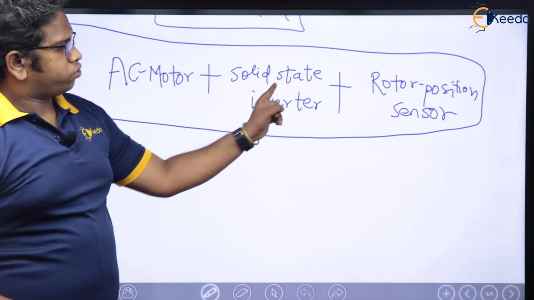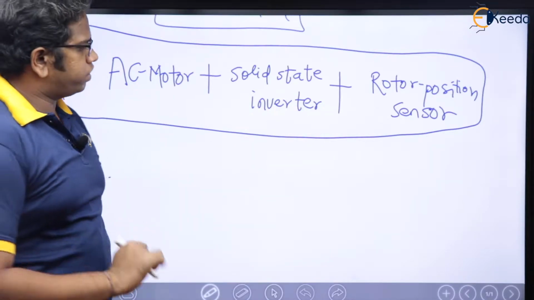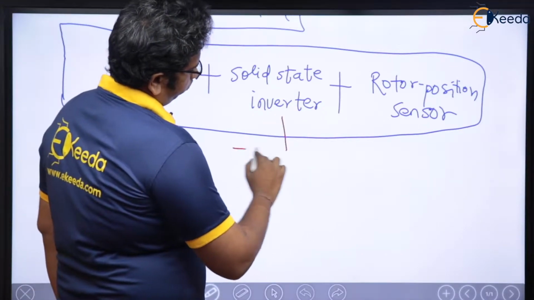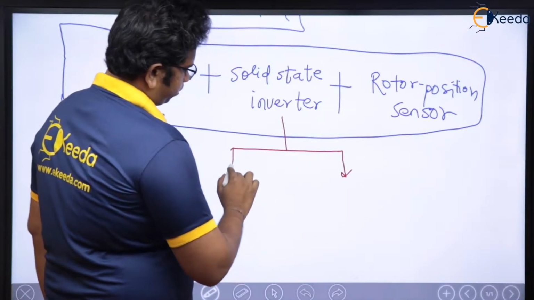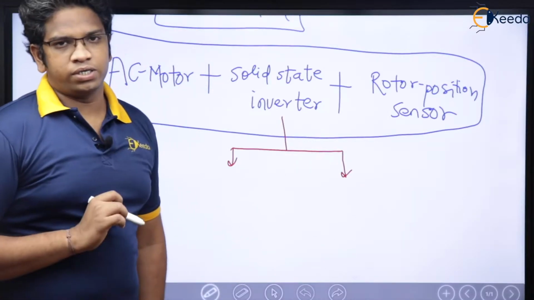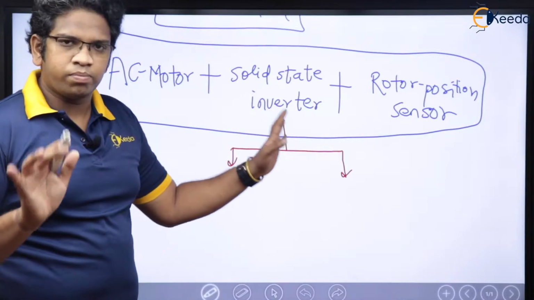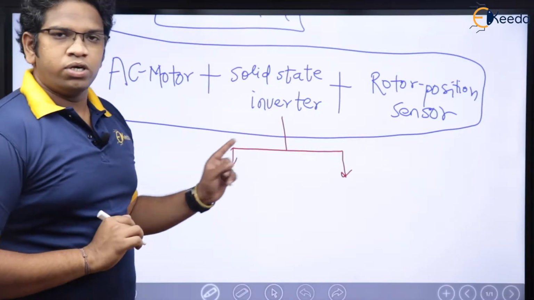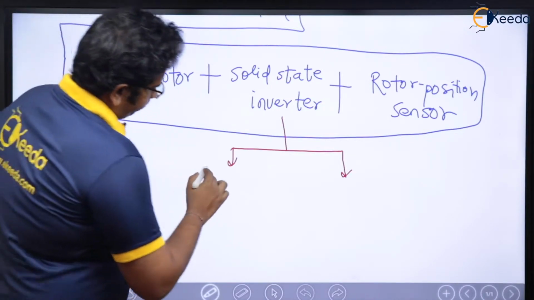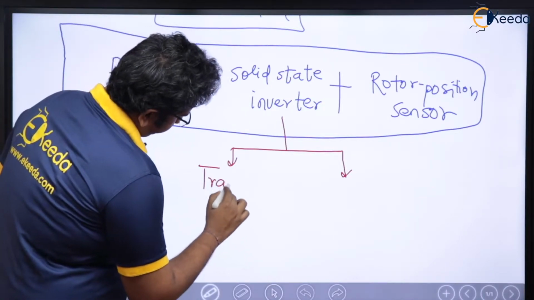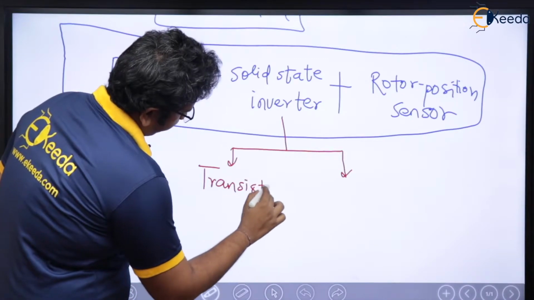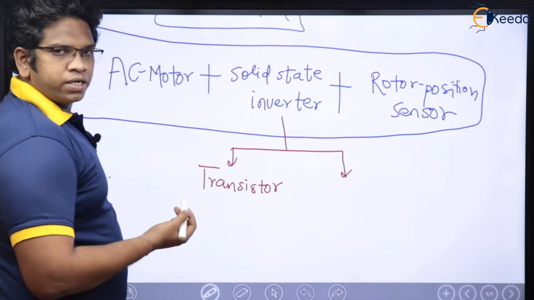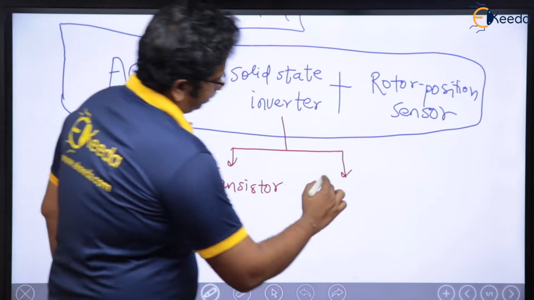What is the meaning of solid state inverter? We have already talked about it in a subject called power electronics, so no need to discuss it much in the machine subject. A solid state inverter can be formed either by using a transistor circuit or a thyristor circuit.